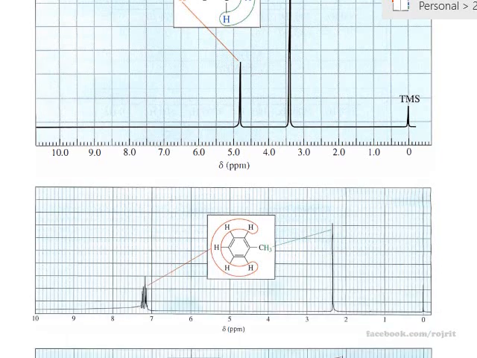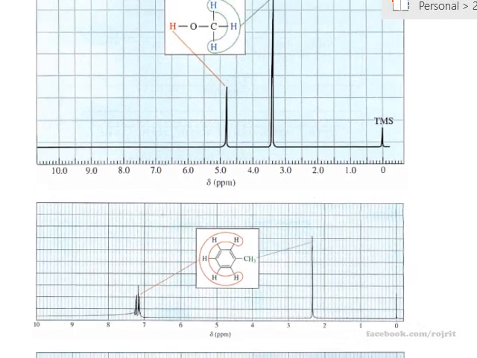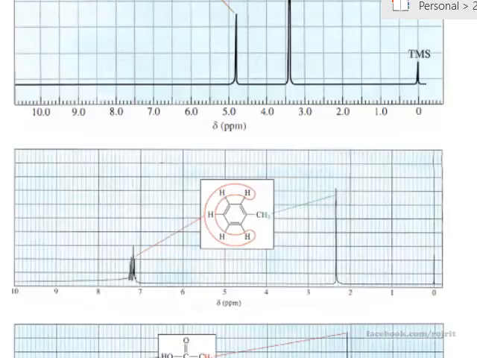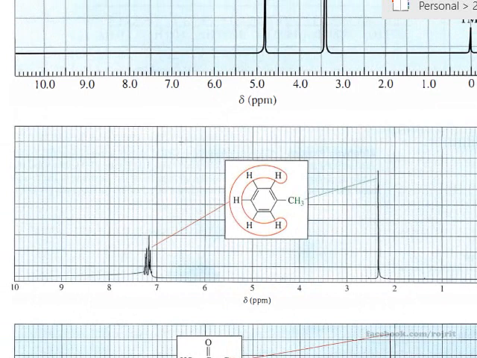And next, this is toluene. As you can see, it's composed of two types of hydrogen atom, methyl and the benzene ring. The benzene ring has the ring current, the movement of the electrons around the benzene, so it counteracts the external magnetic field.